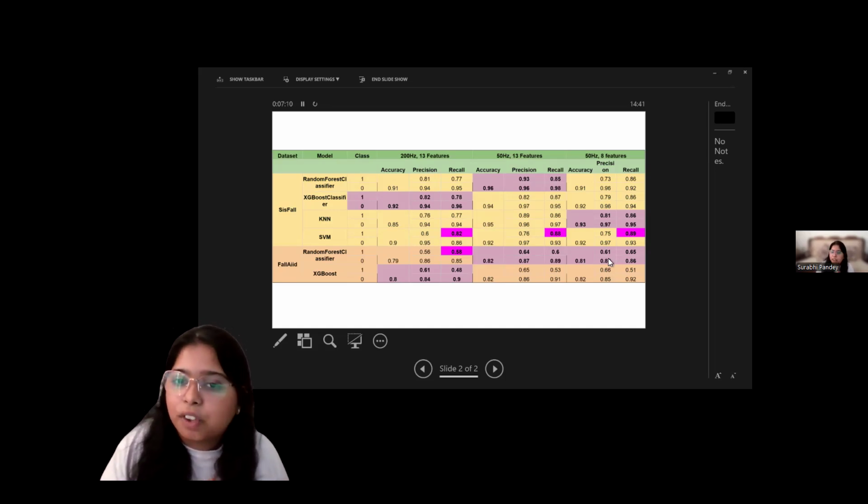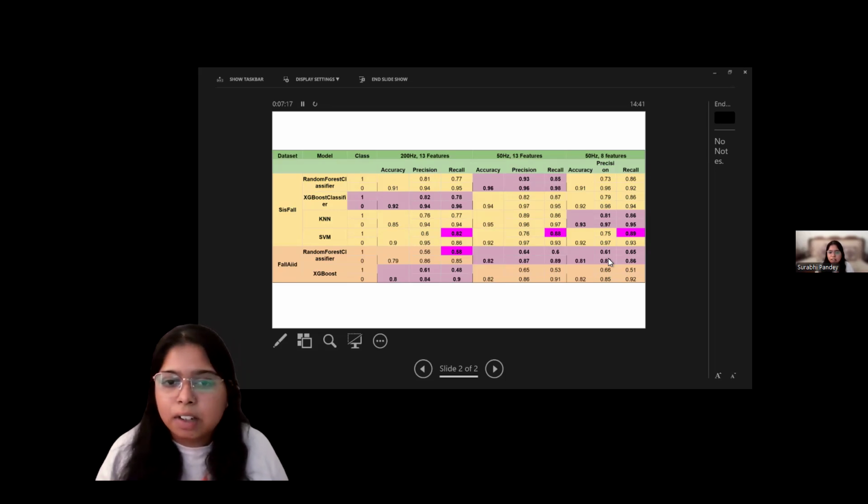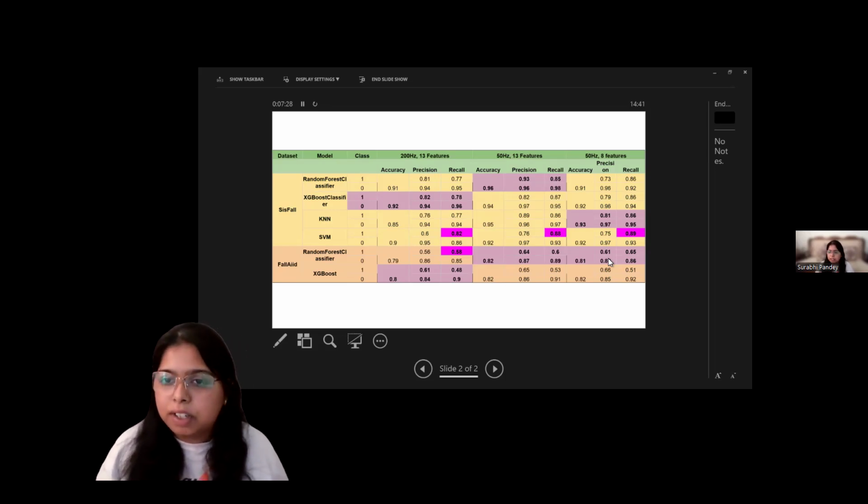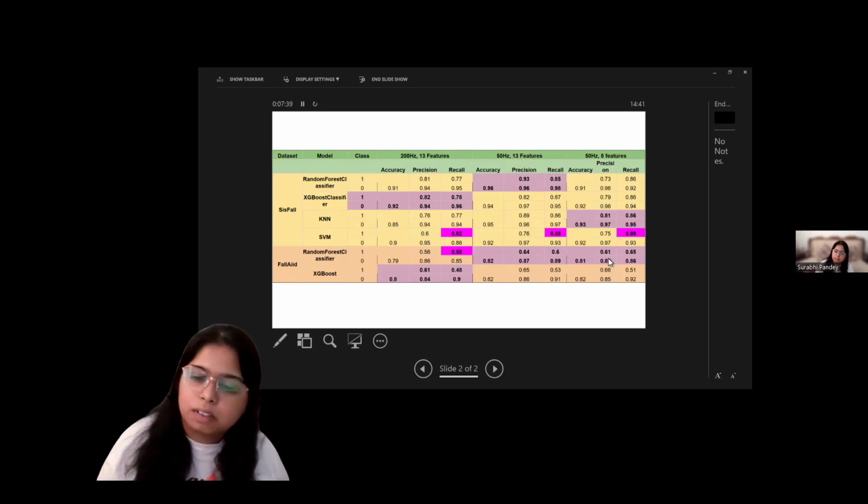As we can see, random forest gave 0.96, that means 96% accuracy, and for the fall class it gave 85% recall for the SisFall dataset. And when we talk about the second dataset, 50 hertz and 13 features again gave the highest accuracy of 82% and the highest recall for the fall class of 60%.